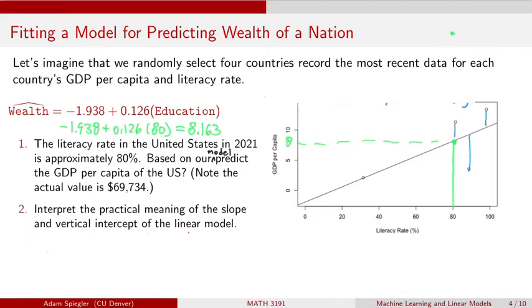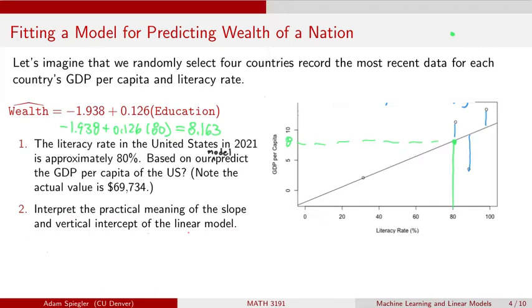They would be more like way up here. And so at this point, we might be a little suspicious. Maybe we don't have the best model, but recall we just used a really small sample here. So we would probably want to use a larger sample, and then we can ask, maybe we should include other variables if this individual variable is not doing the best job at predicting the wealth, the GDP per capita.